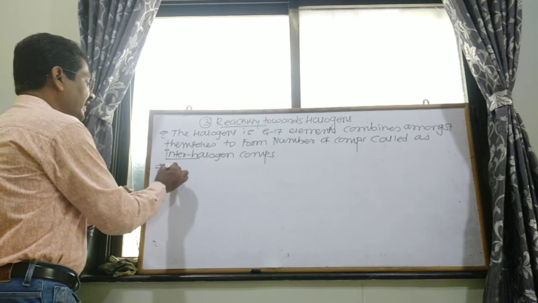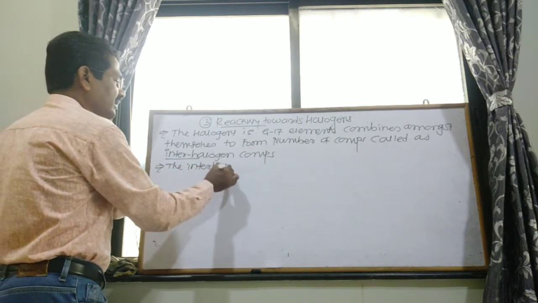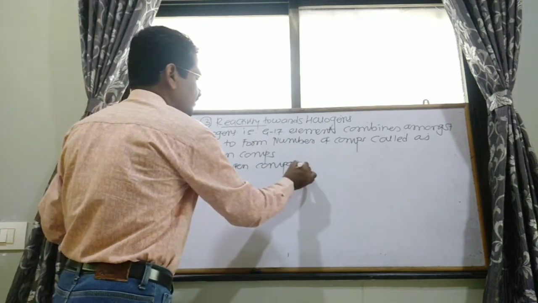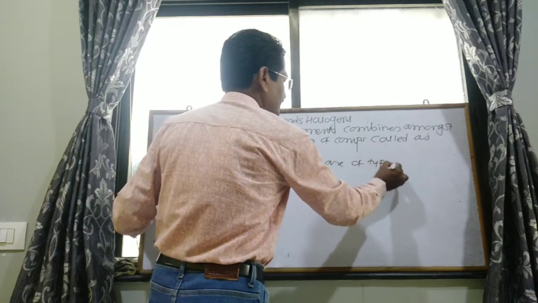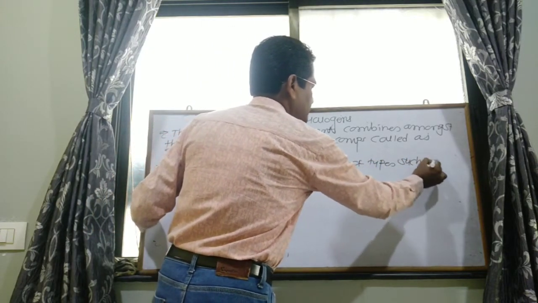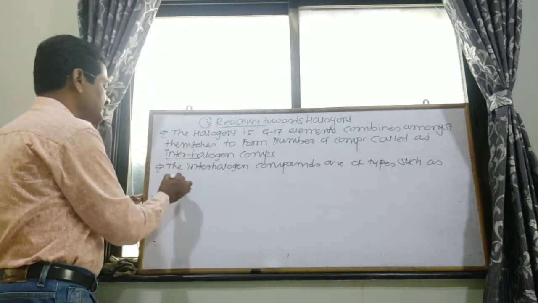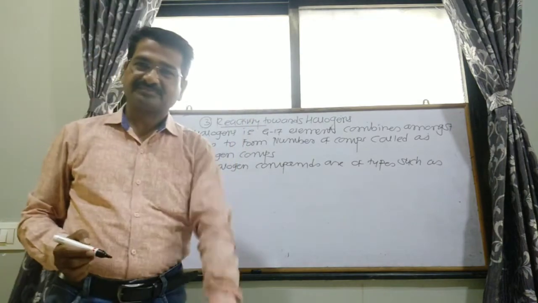The interhalogen compounds are of types such as XX'. That is the first compound.